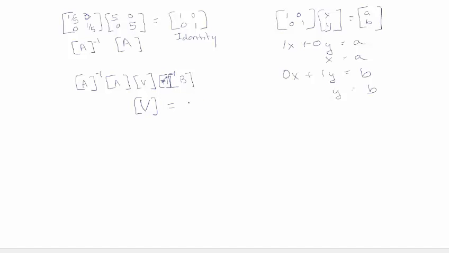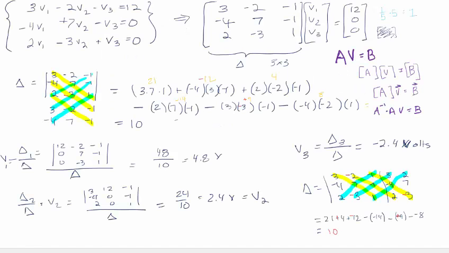Vector V equals A inverse B. Go back a slide for a minute. I didn't put the order is important here, so I need to make sure I wrote that right.